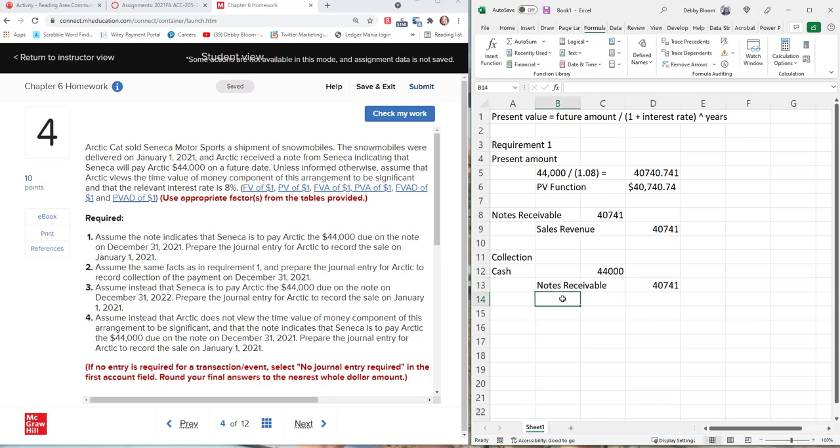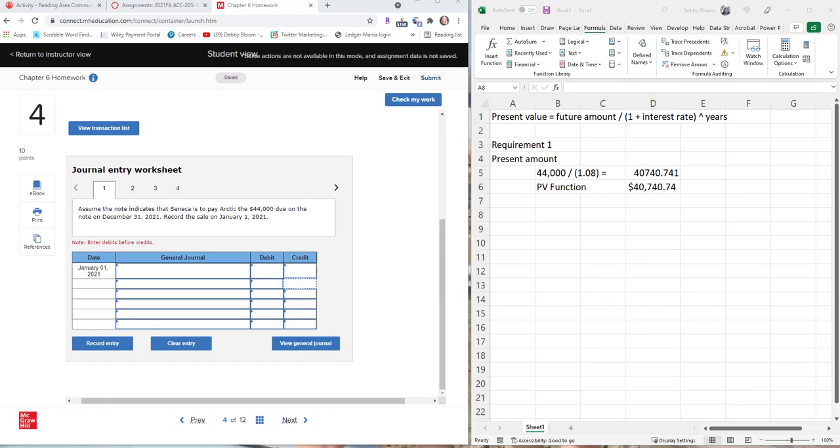And now we have interest revenue because we waited a year to receive our money. Of the 44,000 minus the 40,741, our interest revenue is just the difference between the two, which is 3,259.